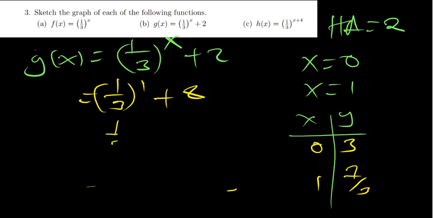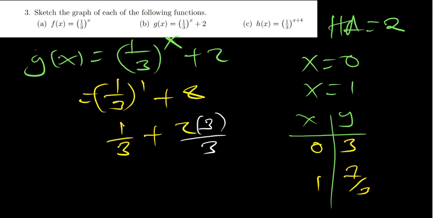Another method you can use to make things simple: 1 over 3 plus 2, this is the same as 2 times 3 divided by 3, because they cancel, so it's the same. Then we have 1 over 3 plus 6 over 3. The denominators are the same, so I add the numerators, 7 over 3.